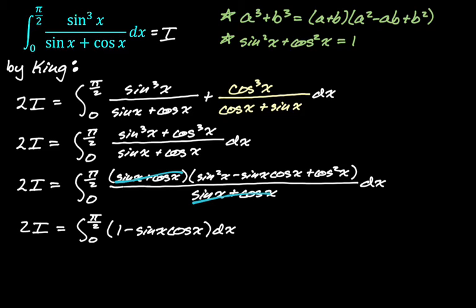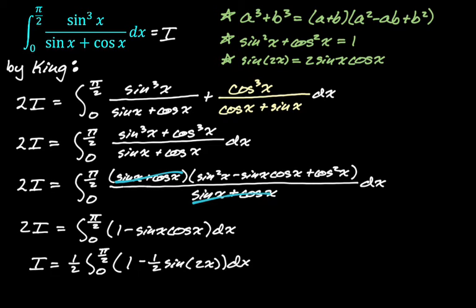All right, we got to integrate this thing. The sine x cosine x, I think the easiest way to deal with is to use the double angle formula for sine. So sine of 2x is 2 sine cosine. So what I'm going to do is replace sine cosine with 1/2 sine of 2x. So that'll change my integral to, instead of 2I, I'm just doing I is 1/2 of the integral from 0 to pi over 2.